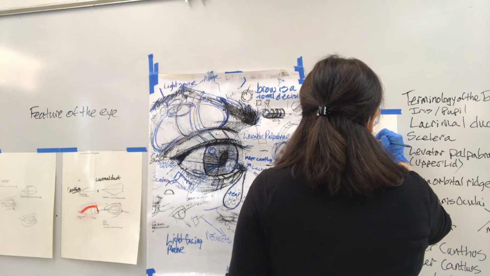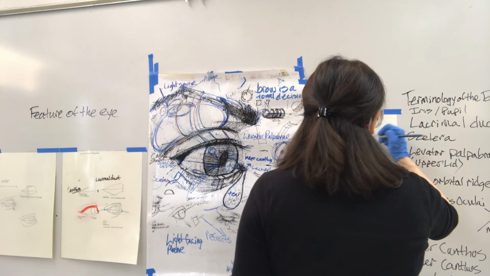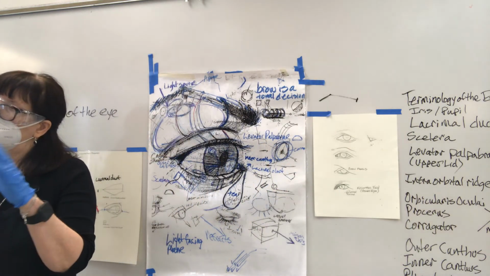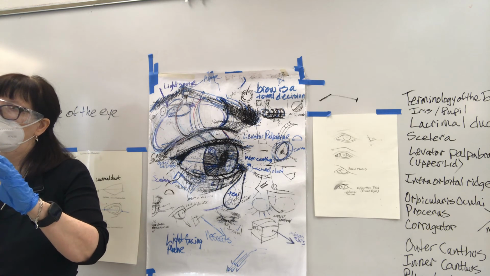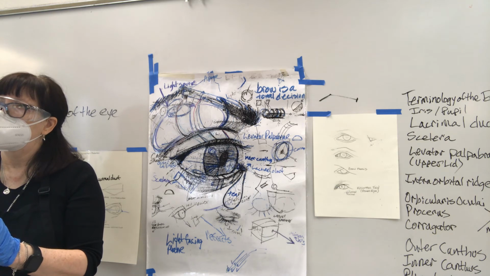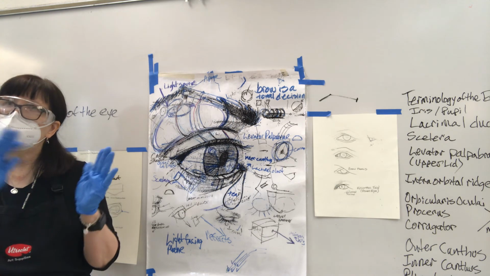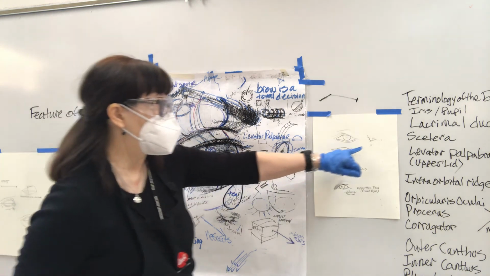The pupil and the iris are ellipses. So they are a circle on a circle. So the iris is a circle or a sphere. And then the pupil is centered inside that sphere, and it's also a sphere. And so as that rotates in space, it becomes an ellipse.